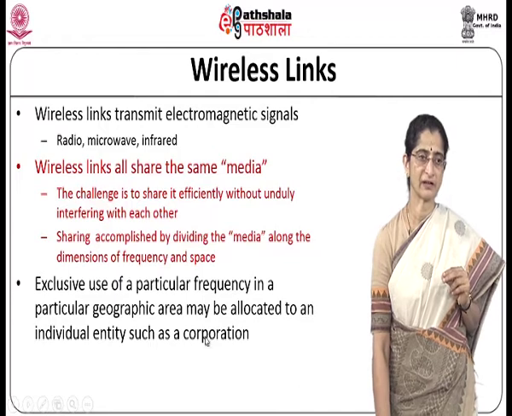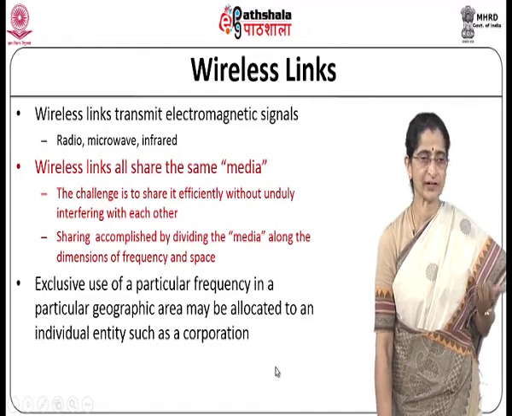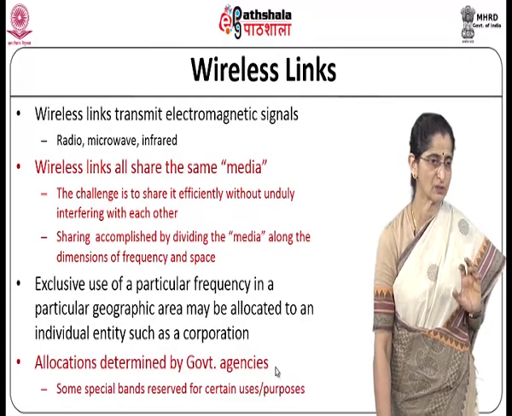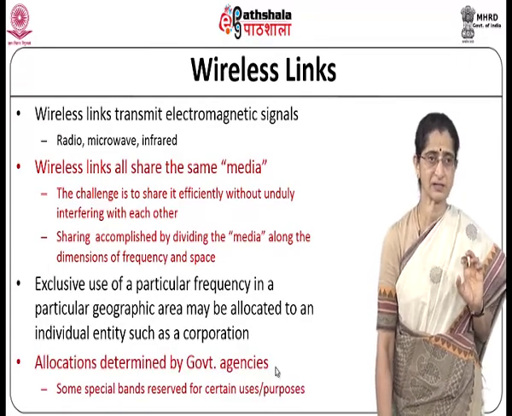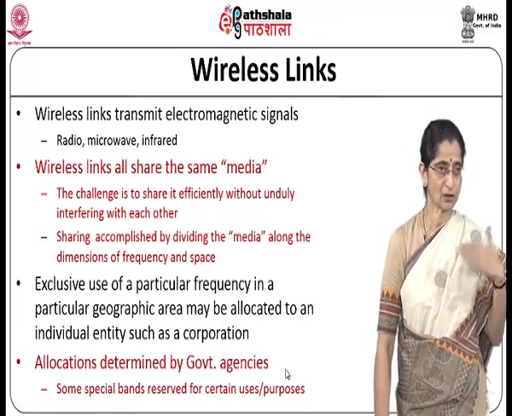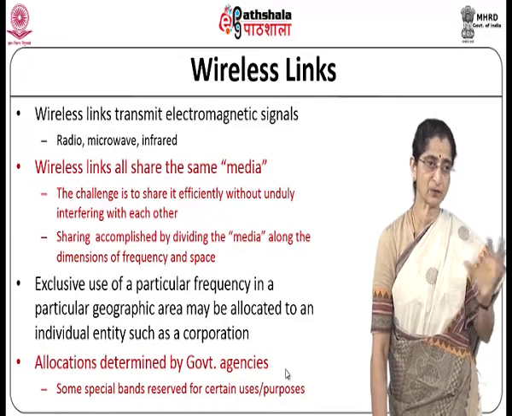Normally what happens is that when we have exclusive use of a particular frequency in a particular geographic area, that is allotted to an individual entity or a corporation, normally by means of some government agency. So, we have a lot of regulatory factors that need to be taken into account in terms of what kind of frequencies are allocated for different users or different technologies to use the radio frequencies available.